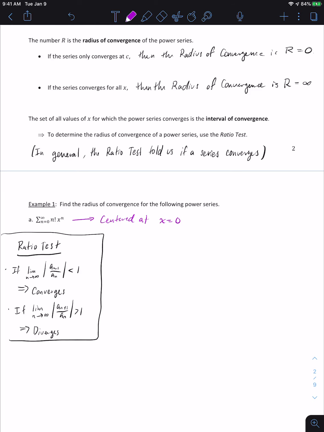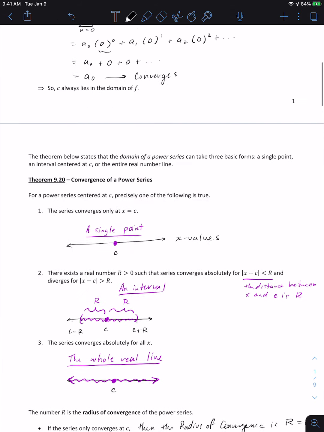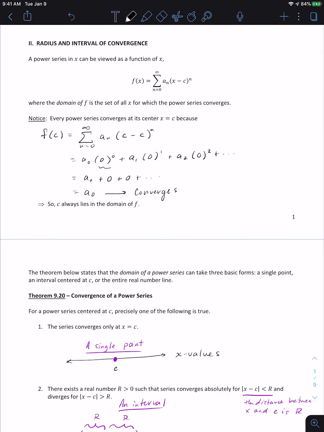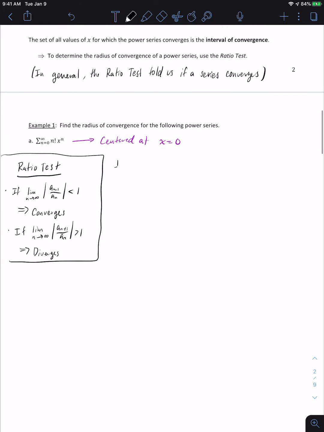x equals 0. So just for fun here, let's show that indeed for x equals 0, this series converges, right? We won't do this every time because we actually already proved that it's always going to converge. That's what we did here. But just for this specific case, let's show that. So if x equals 0, the center, then f of 0, we're calling our series f of x, is the sum from n equals 0 of n factorial times 0, because 0 is what I'm plugging in for x, to the n.